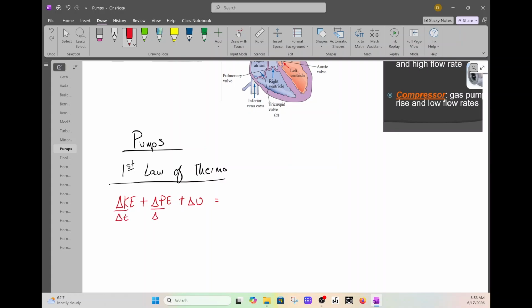So we're going to write everything per time. This would be the work out minus the work in plus Q dot out minus Q dot in plus the energy of the fluid out minus energy of the fluid in.